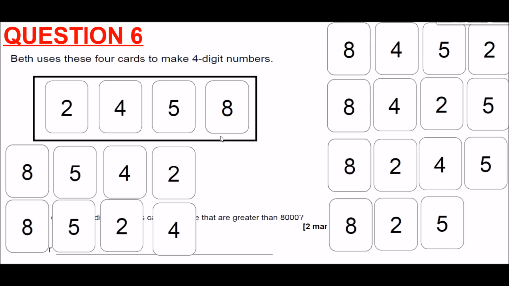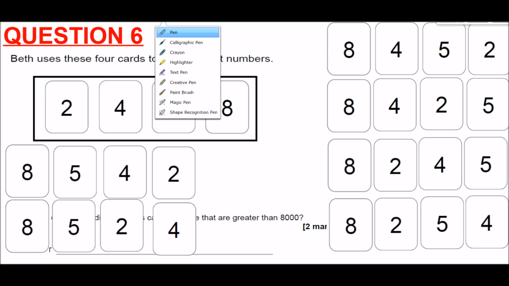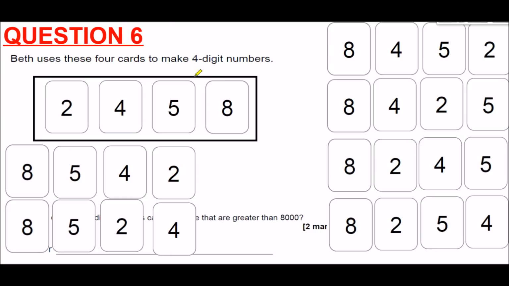Now importantly, the question isn't really asking us what the numbers she can make are. She's just having to find how many numbers she can make that are bigger than 8,000. So actually the question isn't as complicated as I'm making it. I'm just trying to explain what these numbers would be. The main thing I'm trying to show you is there's 6 different numbers.